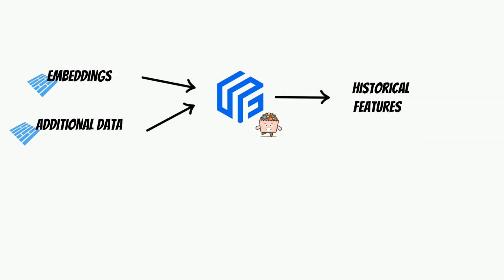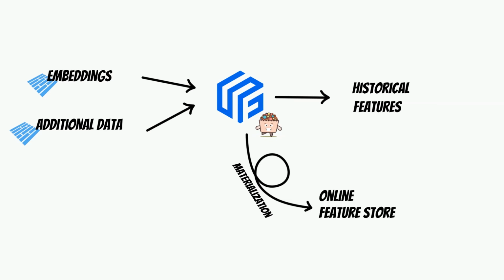We can also track embeddings' historical changes. Moreover, using feature store, we can materialize embeddings to online store, which simplifies building a comprehensive mlops process.